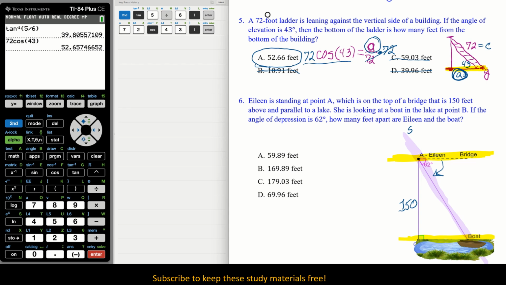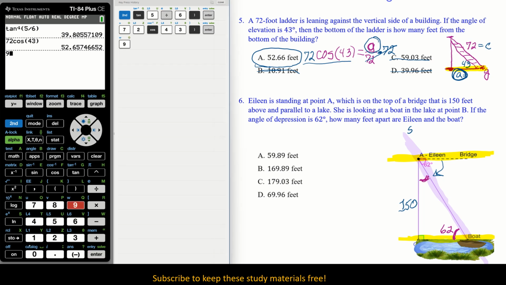The minute they did that, you know that this angle where the boat is also 62. And we could even get this other angle over here. And we know that that'd be a 90-degree angle. And 90 minus 62 equals 28.